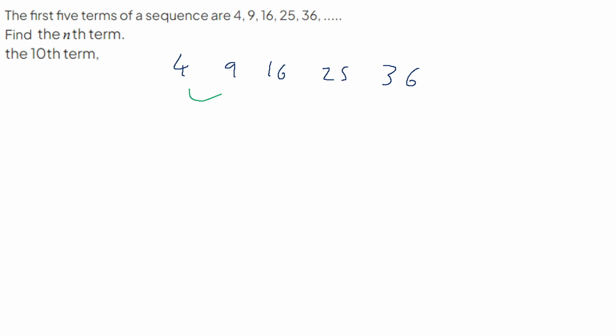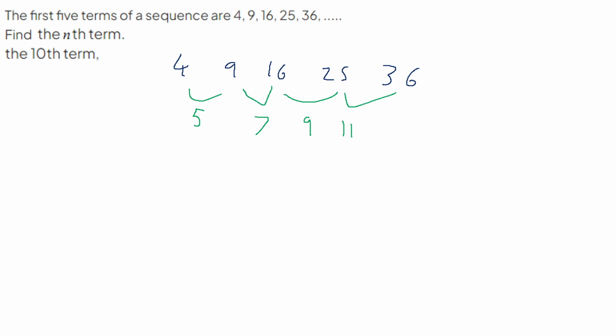So let's find the difference. 9 minus 4 is 5. 16 minus 9 is not 5, it's 7. 25 minus 16 is 9. And 36 minus 25 is 11. Now, what do you notice about this?